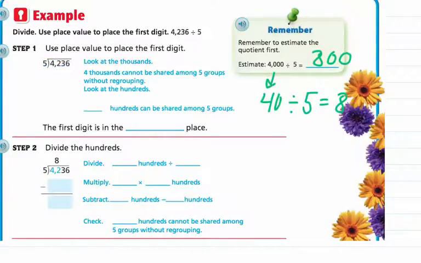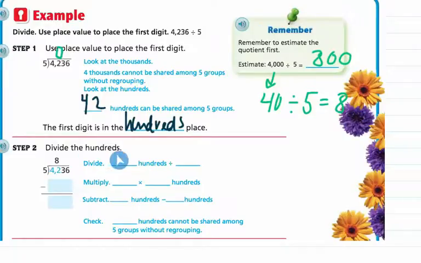It says 42 hundreds can be shared among 5 groups. So the first digit is going to be placed in the hundreds place, above the 2. And I just put a little box there to keep everyone's attention on that placement, because it's very important when reporting the quotient and the answer.